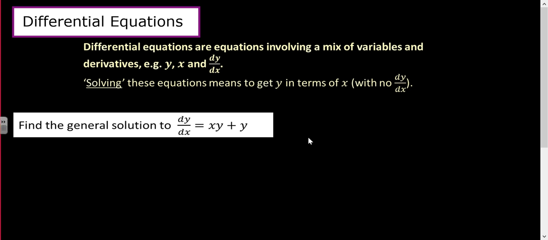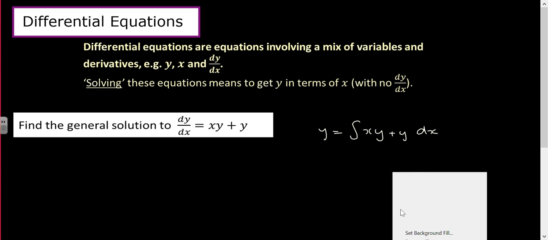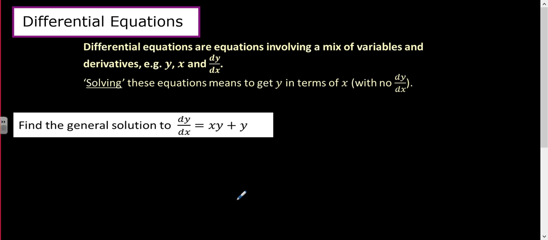So to find the general solution to dy by dx equals xy plus y, we would have to integrate it. And the temptation would be to say that y is just going to be the integral of xy plus y with respect to x, and that's absolutely right. But it's not the technique that we adopt, at least not as it seems from what I've just written. So I'm going to clear that, and we're going to have a look at actually what we need to do.